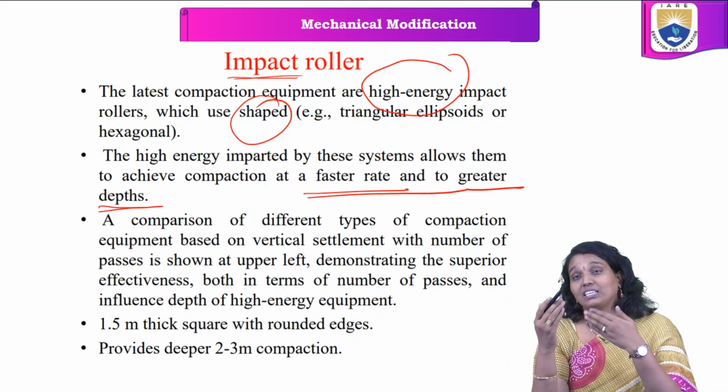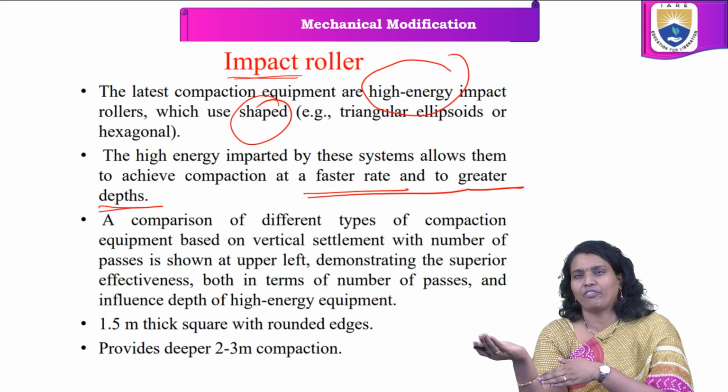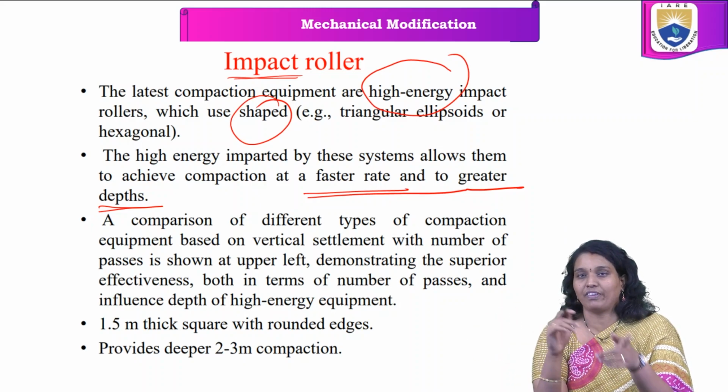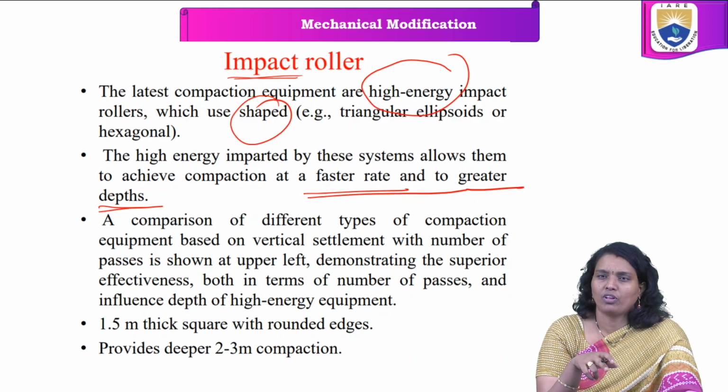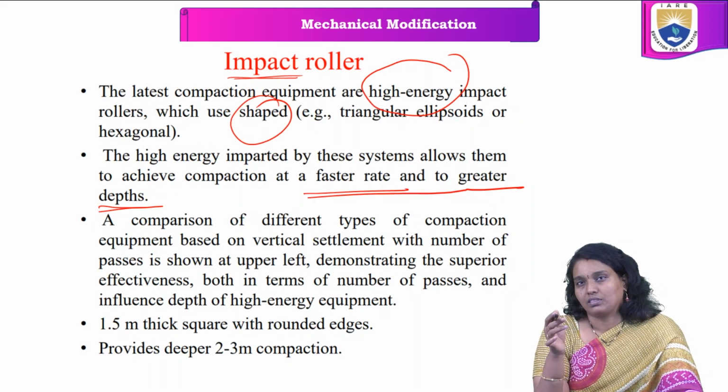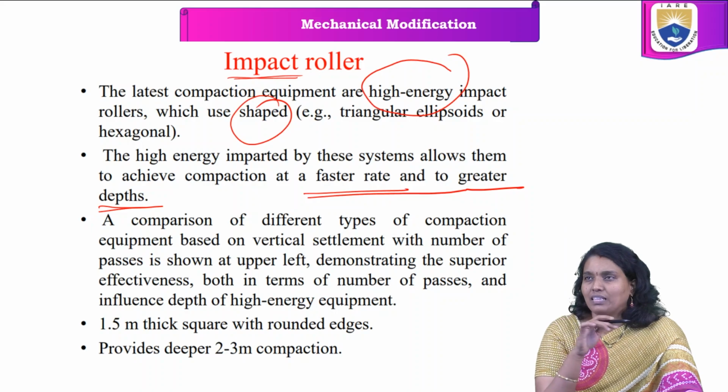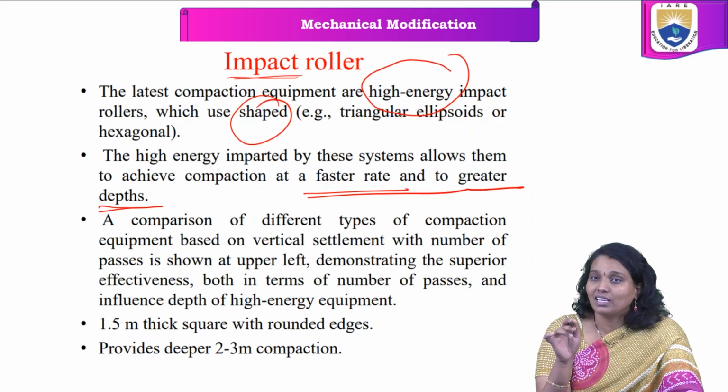How much compaction is done by the different types of equipment, and which type of roller is effective, depends on the number of passes done, as well as the weight of the roller, which also plays a role in compacting.